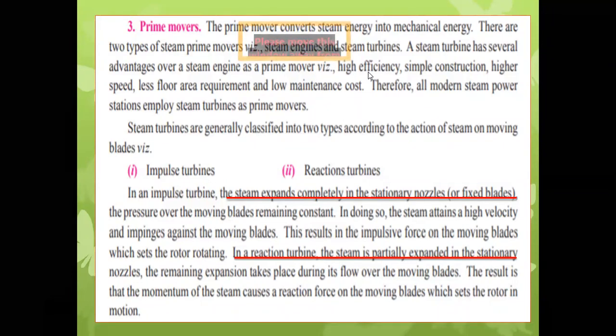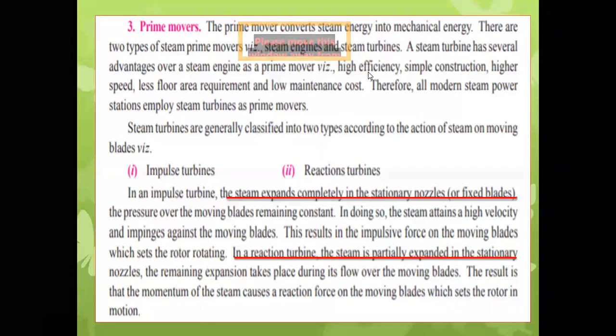Okay, there are two types of steam turbines, impulse turbine and reaction turbine. The part which I have underlined in this text is the major differentiating part between the impulse turbine and reaction turbine.